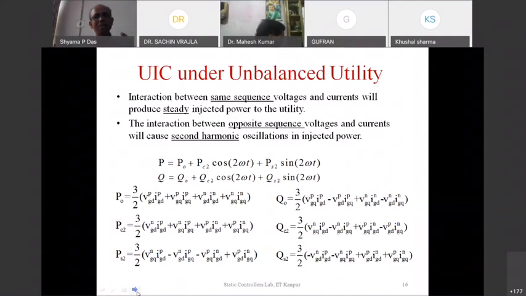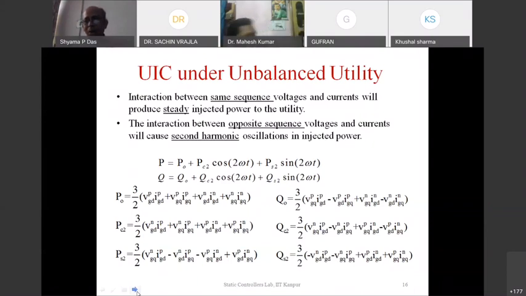The reactive power does not reflect in the DC side, but the active power does reflect in the DC side. So PC2 and PS2 should be made equal to 0. So we have three conditions: Q naught equal to 0, and PC2 and PS2 should be equal to 0.